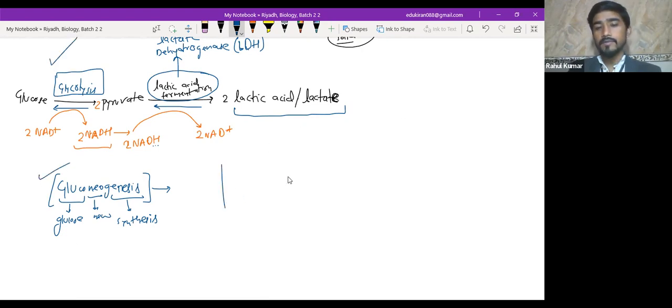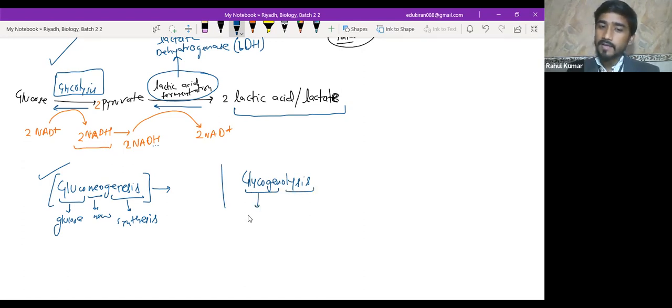There is another term which is called glycogenolysis. Now let's see again what the word itself tells. Here the word is glycogen. Glycogenolysis, two words.